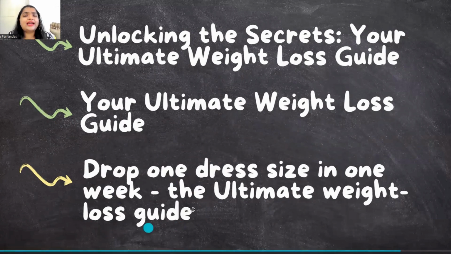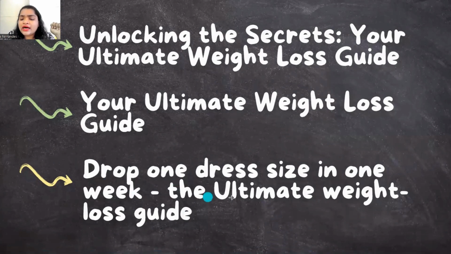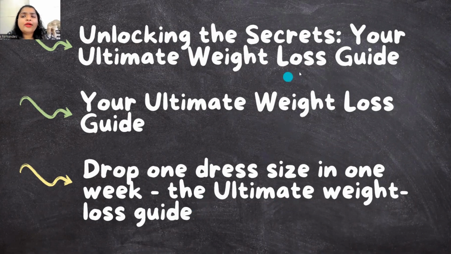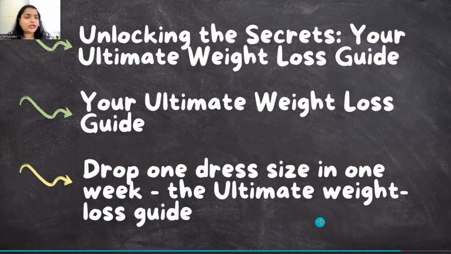And my final headline was "Drop one dress size in 1 week, the ultimate weight loss guide." So can you see how far we came from "Unlocking the secrets, your ultimate weight loss guide" to "Drop one dress size in 1 week, the ultimate weight loss guide"?